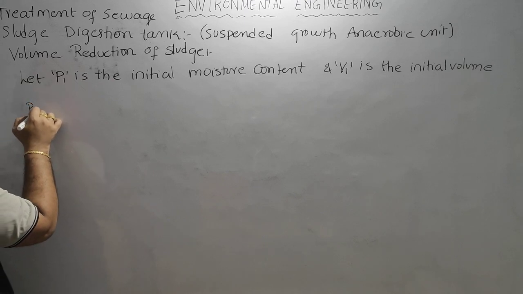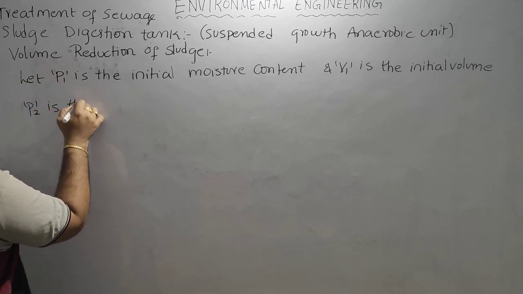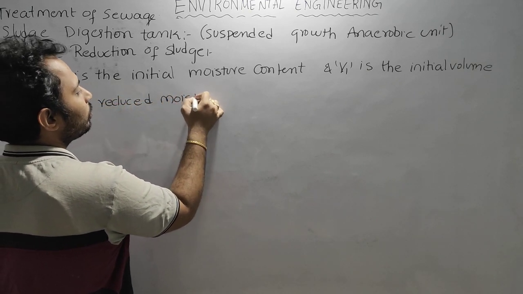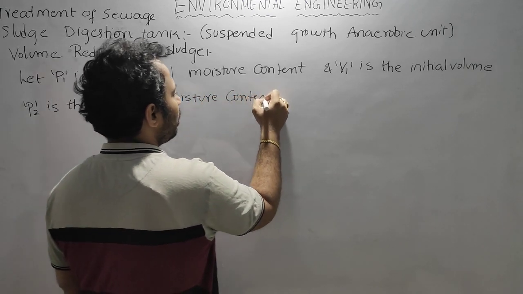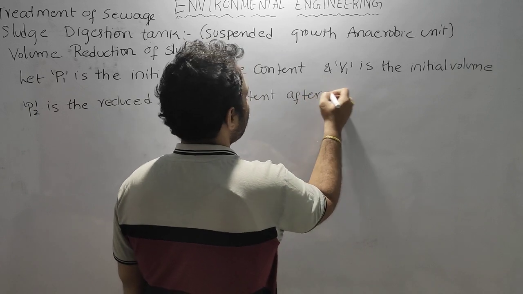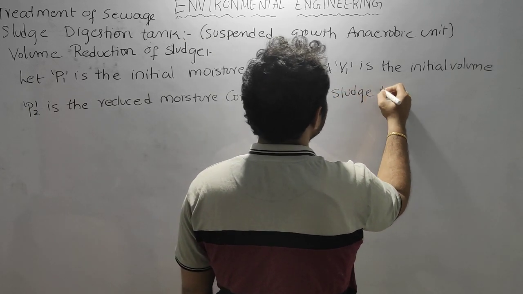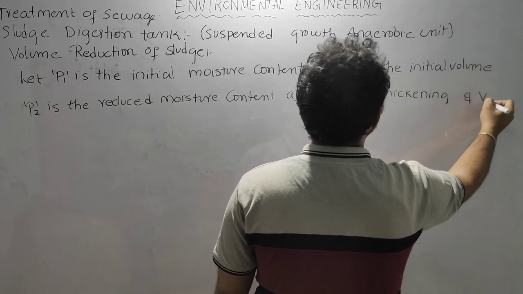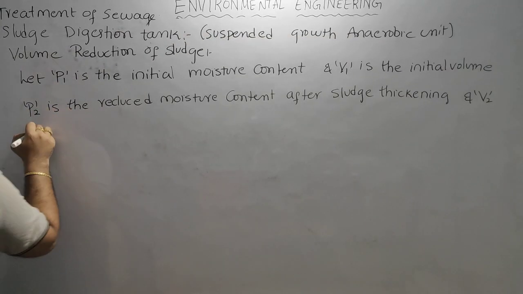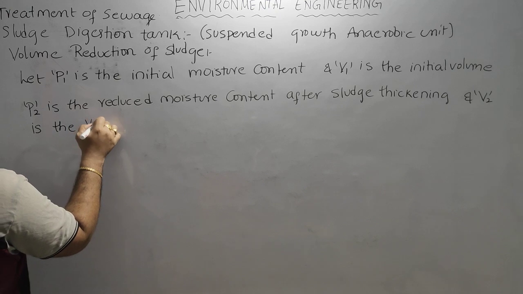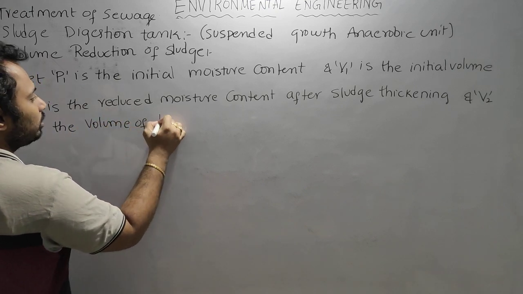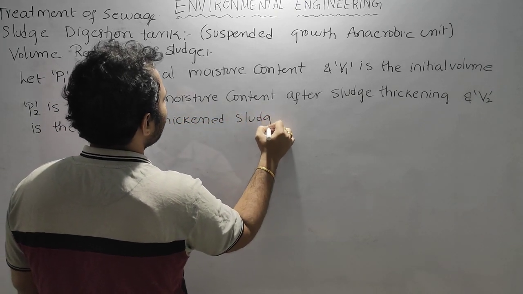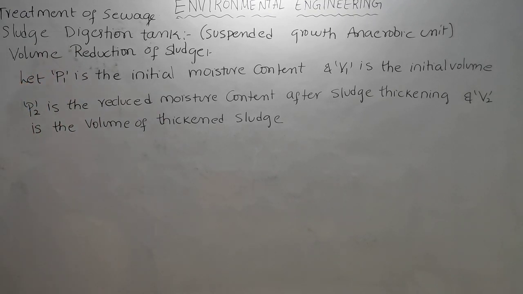P2 is the reduced moisture content after sludge thickening, and V2 is the volume of the thickened sludge.